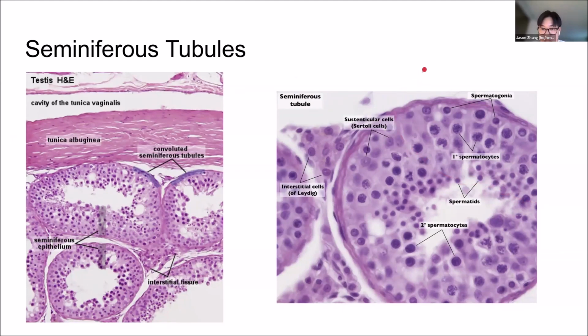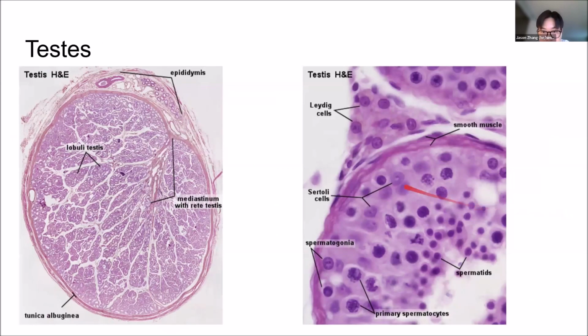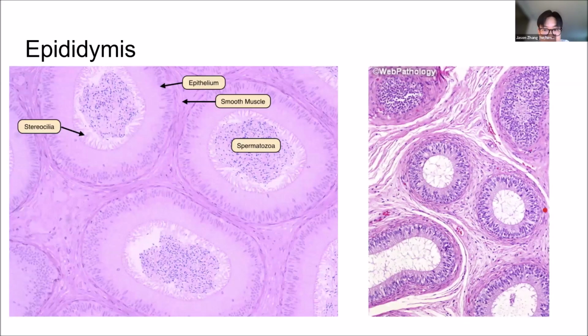So the spermatogonia will move towards the center of the lumen as they mature. And then you have Sertoli cells usually within the tubule, and then you have Leydig cells outside. Right. And then epididymis, also ciliated, you'll see a lot of maturing sperm inside.